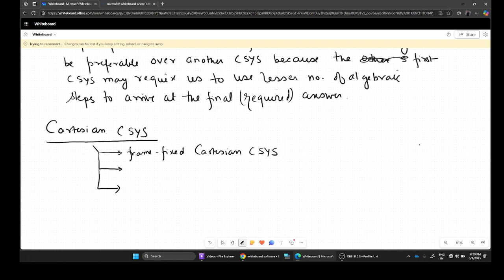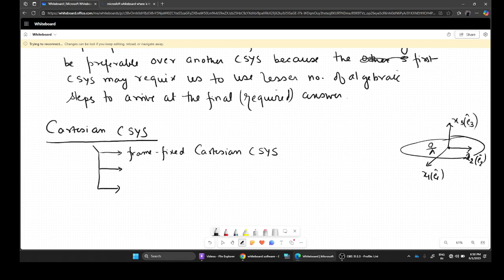When I say frame fixed, what we are referring to is a situation in which the origin of the coordinate system is fixed to frame F. This is the frame F. And the three unit vectors are also fixed in frame F. All these conditions are satisfied.